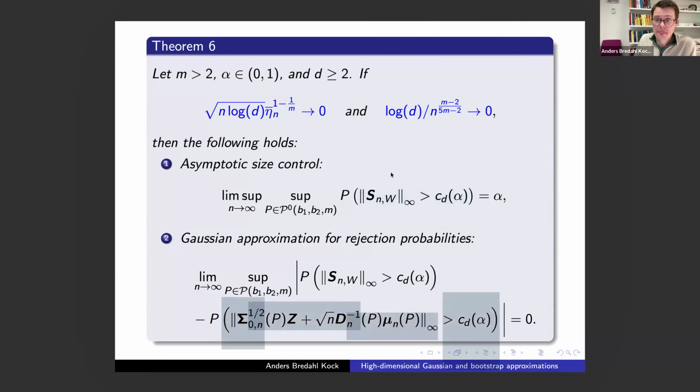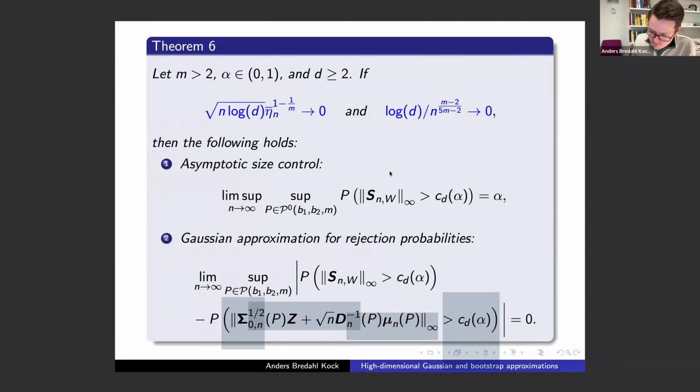So that is to say, whenever there's no contamination, whenever dimension grows sufficiently slowly, then these two sequences of tests, those based on plain means and those based on winsorized means, both hold asymptotic size and have identical power functions. This is not clear from the outset because in those winsorized means I cut away the tails, so potentially I could have lost some power by cutting away the tails.